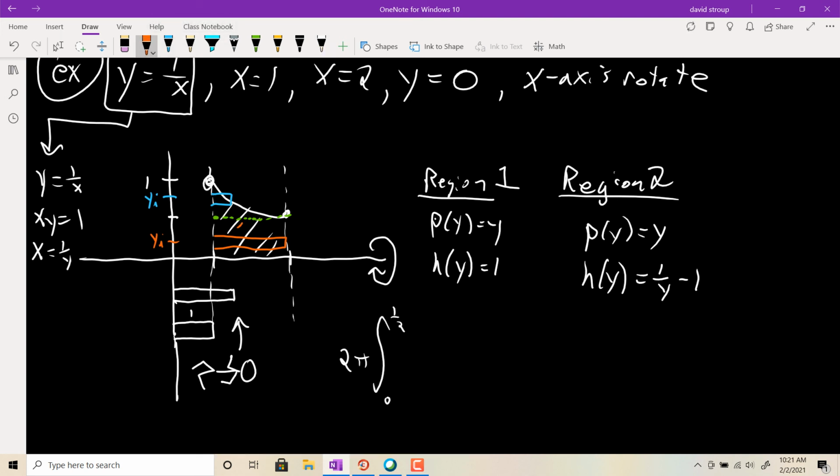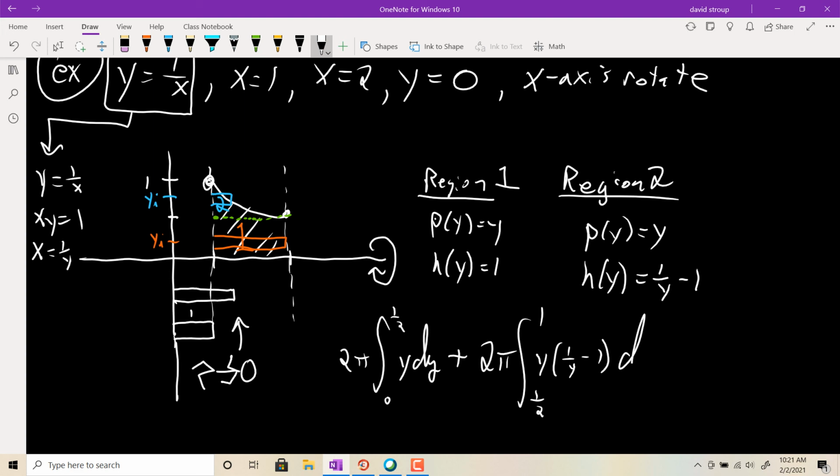So the first region, region 1, and then the second region, region 2, requires a different integral. Okay, so 2 pi, 1 times y is just y, dy, and then plus this other integral from 1/2 to 1 on the y-axis. So we have y times 1 over y minus 1 dy.